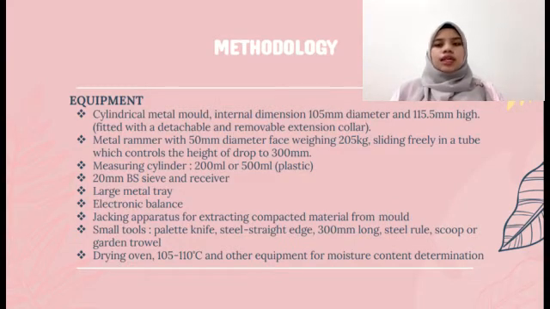Next, a 20 mm BS sieve and reservoir, large metal tray, electronic balance, jacking apparatus for extracting compacted material from the mold, then small tools like palette knife, steel straight edge, 300 mm long steel rule, scoop or garden trowel. Lastly, a drying oven at 105 to 110 degrees Celsius and other equipment for moisture content determination.